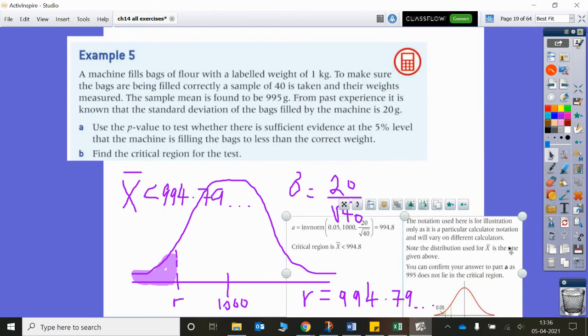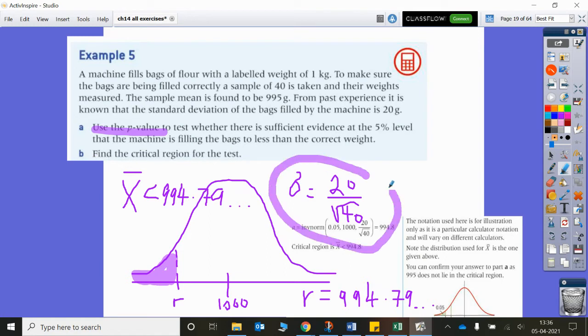So again, if you use the Z-test method, you can only do part A, you cannot do part B. So part B comes about from you understanding the central limit theorem, and that we need to do the inverse normal distribution in this case here. Right, okay. Now, with the t-test later on, we'll only be looking at the p-values.